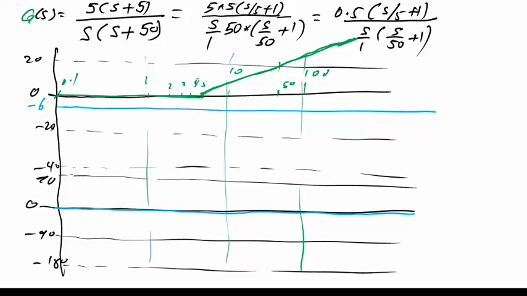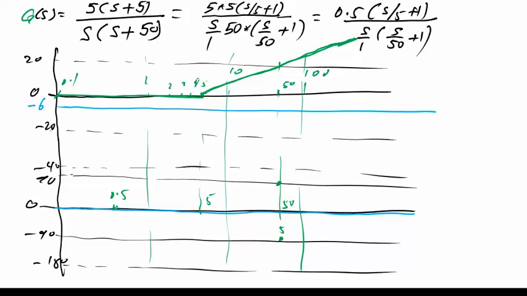Now let us go to the phase. So here the 5, again this is the 5, and this is the 50, and this is the 0.5. What do we do in the phase in this case? It is 90. At 50 it will be plus 90, right? Sorry, plus 90.